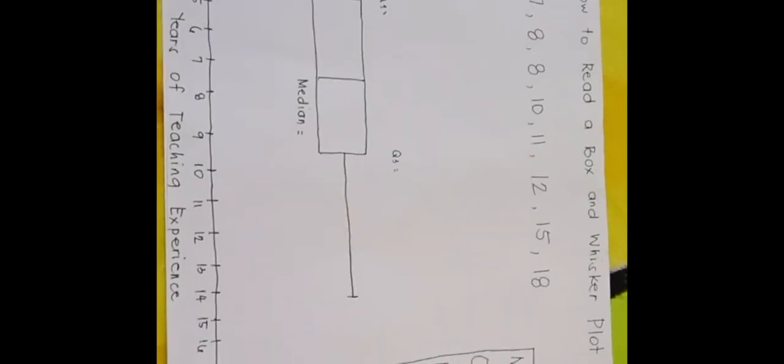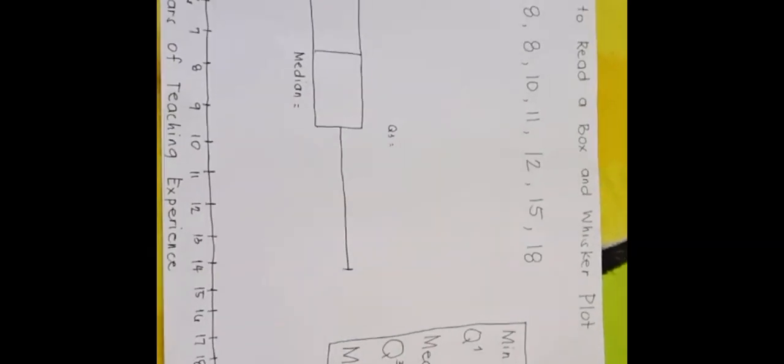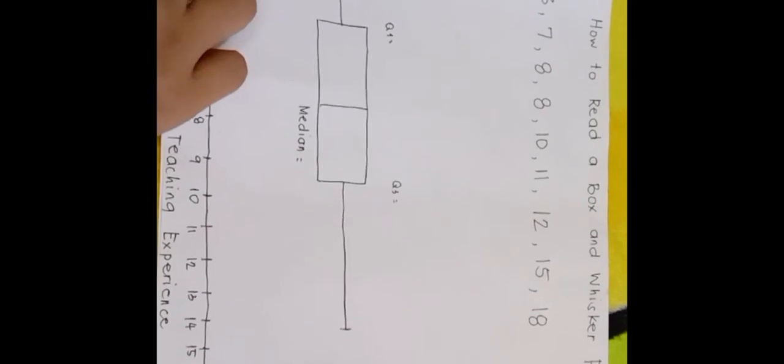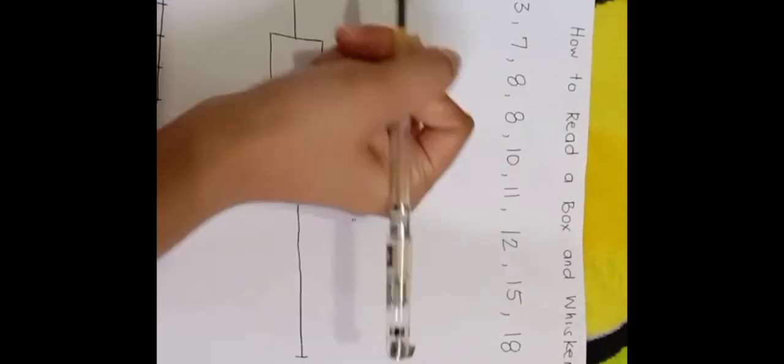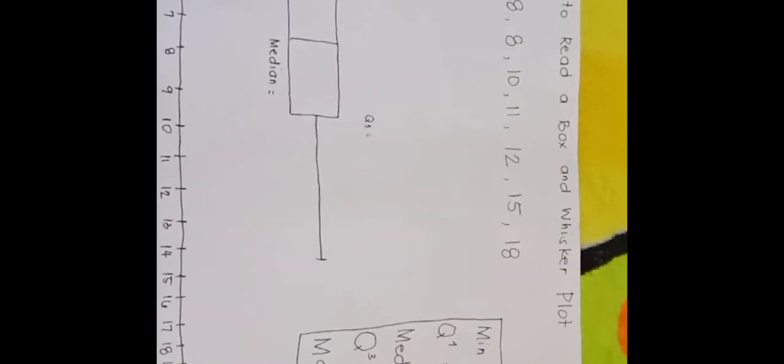So one final recap here, we have the minimum, which is 3. And we have the first quartile, which is represented is 7.